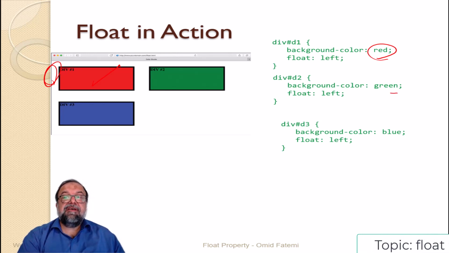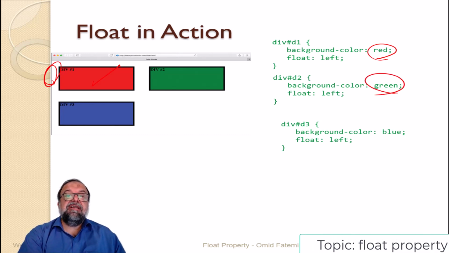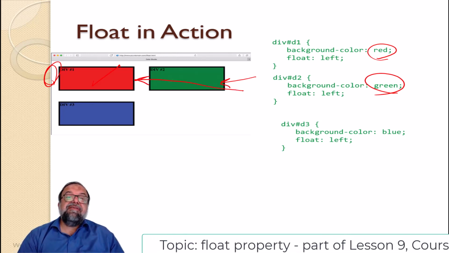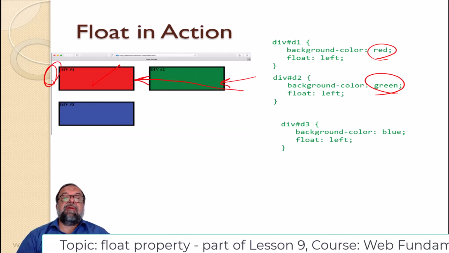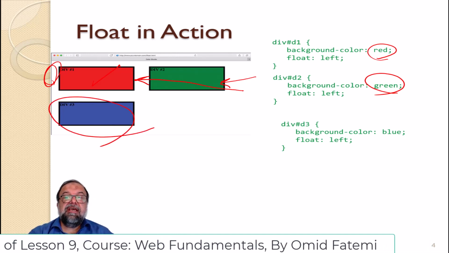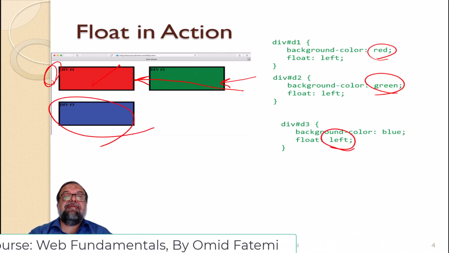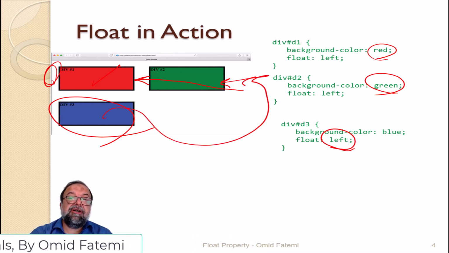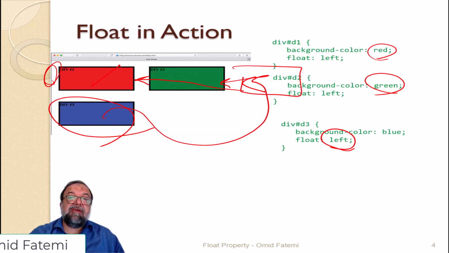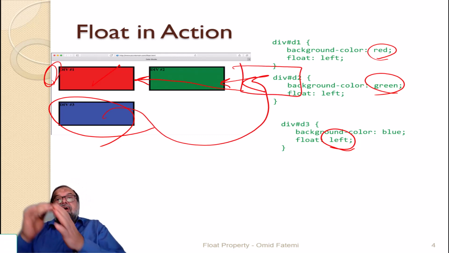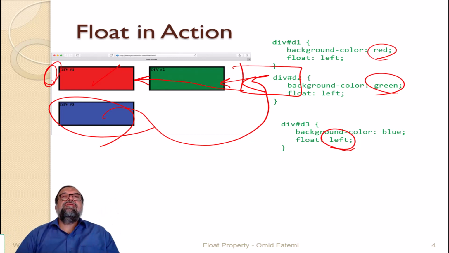Then we have the green box, and again we said that it should float left, so it aligns to the left side of the box. And then we have blue. Again here we have float left, but if it is placed here, with a left alignment, then it doesn't fit in the display area, so it moves to the next row.